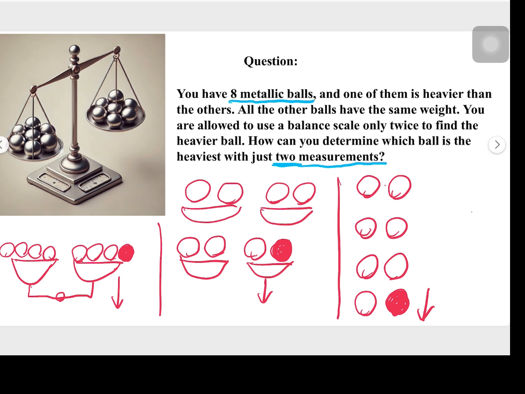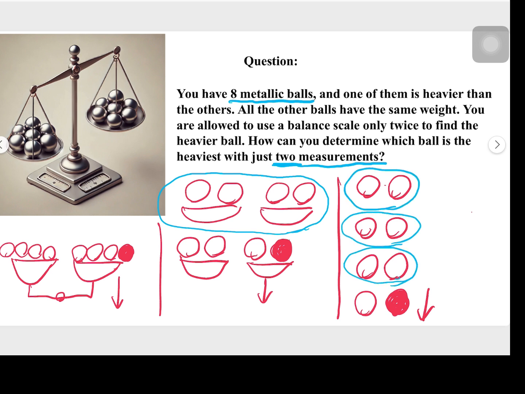But notice one important thing, that you all the time deal with a pair of balls, and some of them are balanced. So you have balanced pairs here, another balanced pair, and another. And in the first one you have 3 pairs which are balanced.